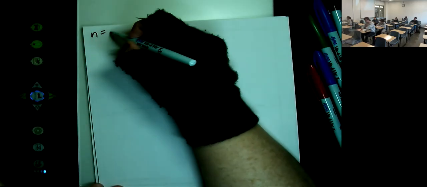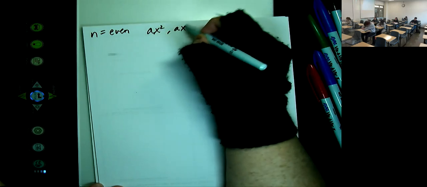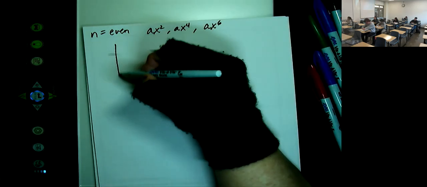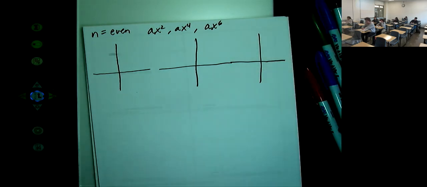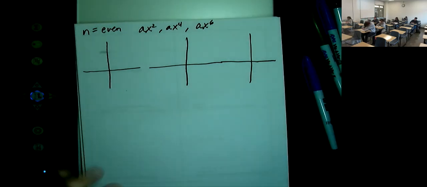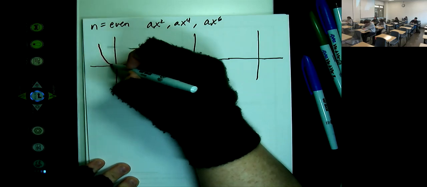Let's take a look at when n is even. Like ax squared, ax to the 4th. We all know our standard ax squared is a parabola.